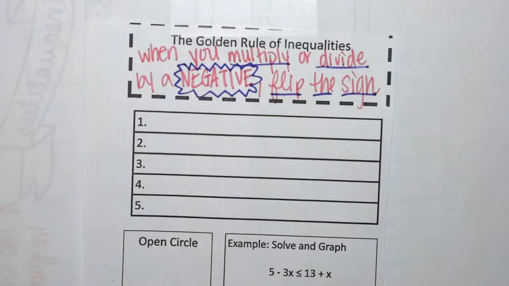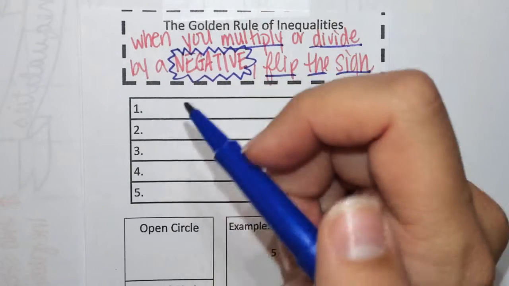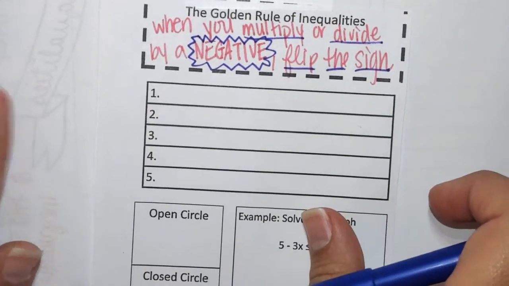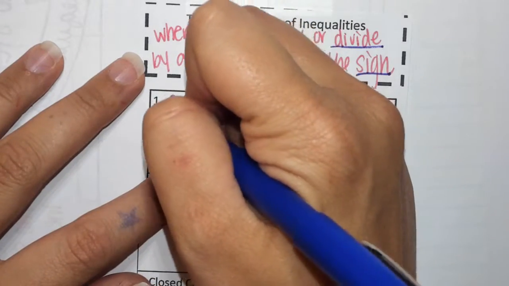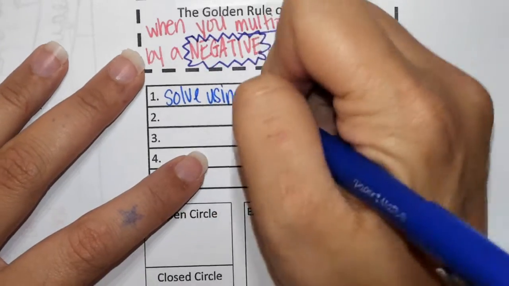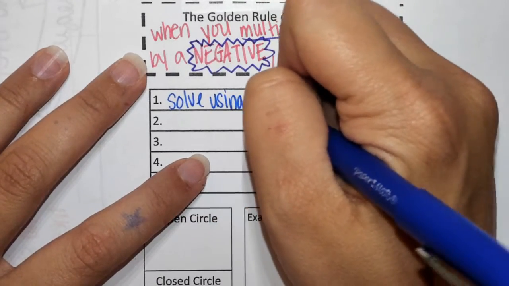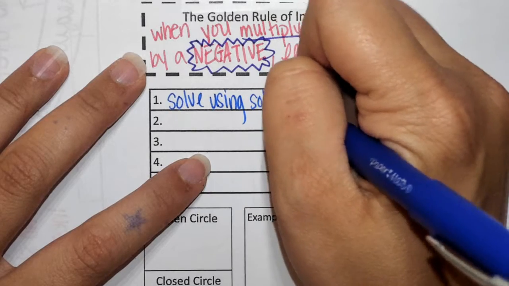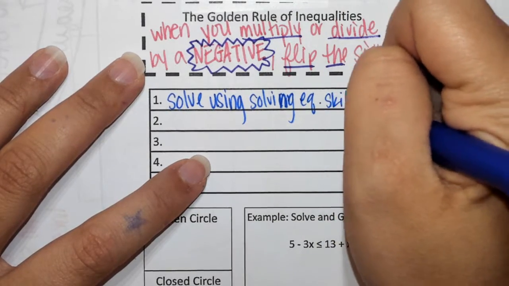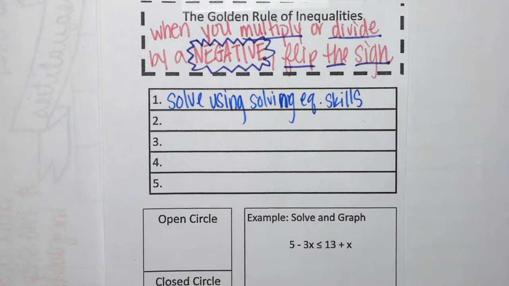Just making sure. Alright, so step one, what did we do first on each inequality? Did we solve it? Did we stare at it and wonder how to do it? What did we do first? So we solve using solving equation skills.